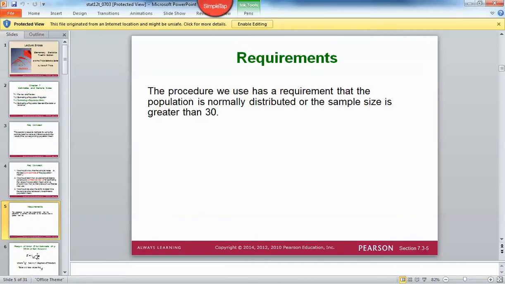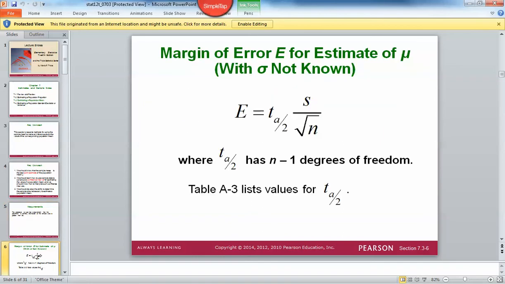Also, we need to make sure that the population is normally distributed or the sample size is greater than 30. Okay? So this new variable here with our t distribution is our critical t value, t sub alpha over 2.